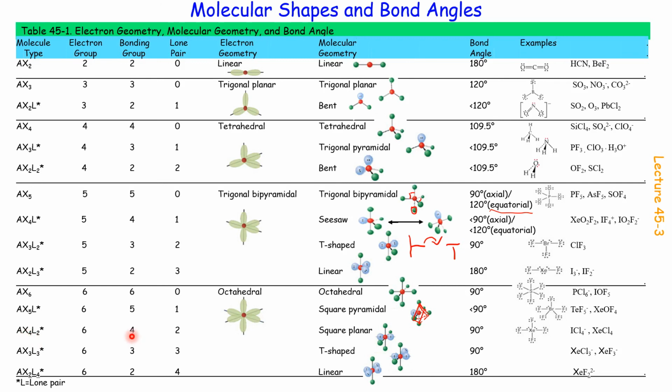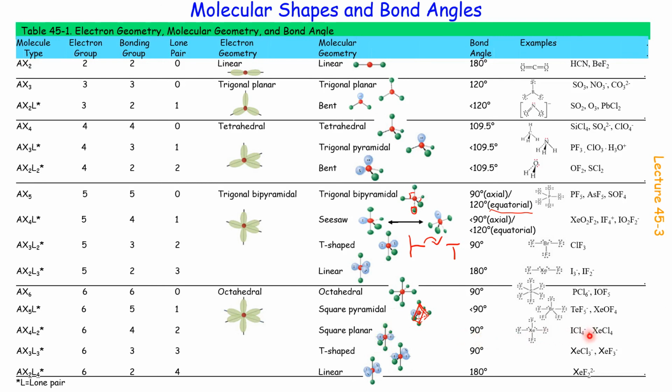In other words, 4 bonding electron groups and 2 non-bonding electron groups. The fundamental geometry is still octahedral, and the molecular shape is square planar. You see this square. And the bond angle is 90 degrees.